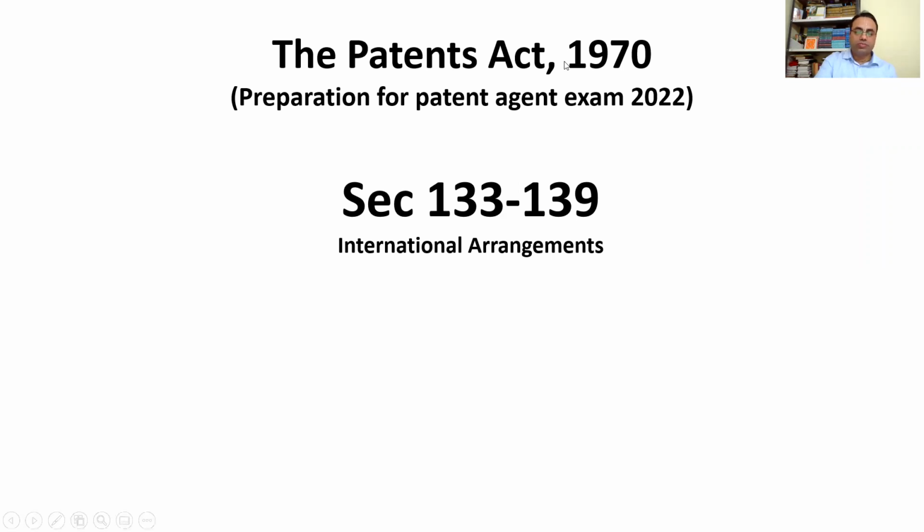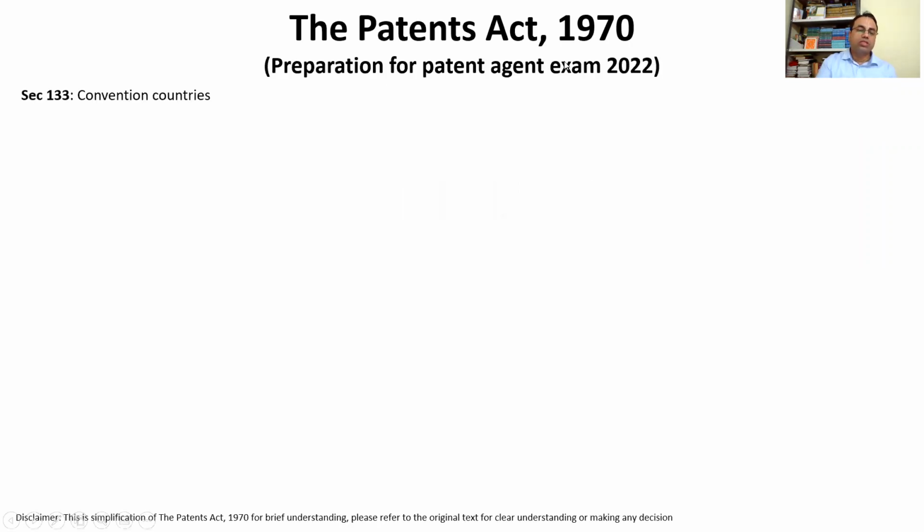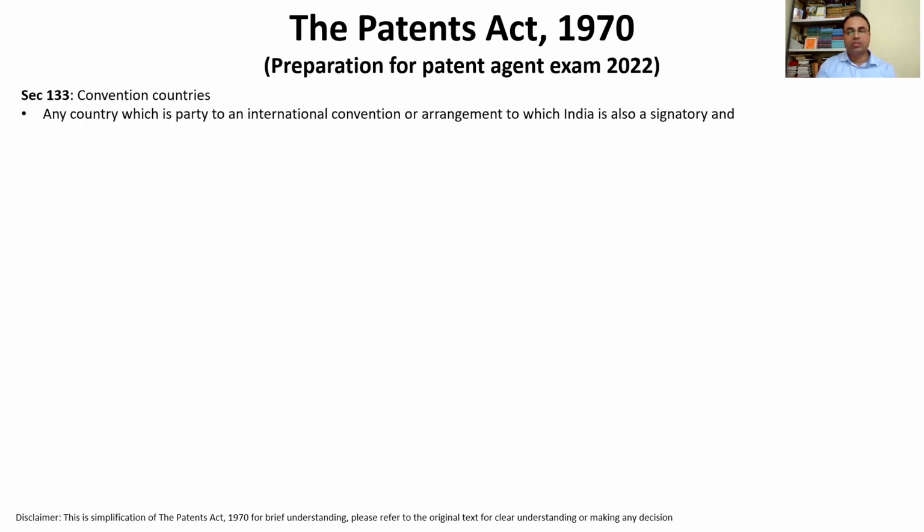Okay, so section 133. Section 133 is regarding the convention countries. So what it says is that any country which is a party to an international convention or arrangement to which India is also a signatory, those come under convention country.